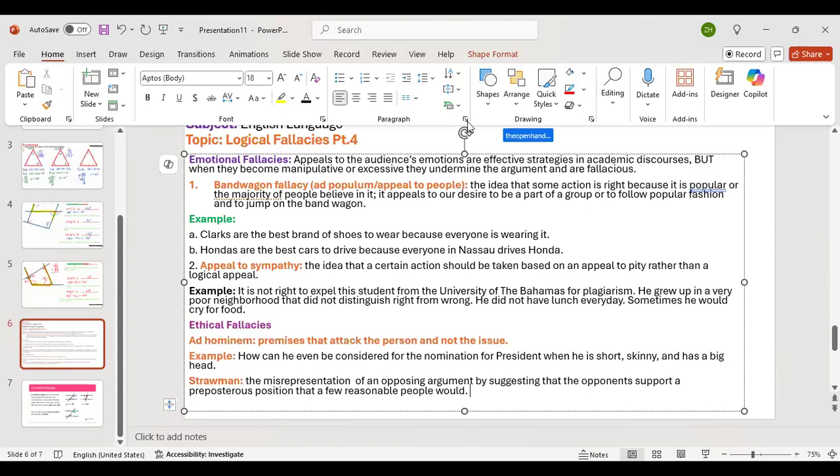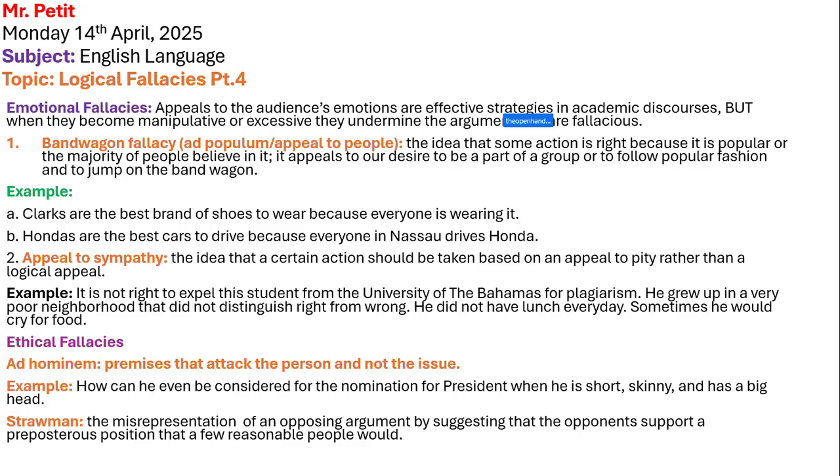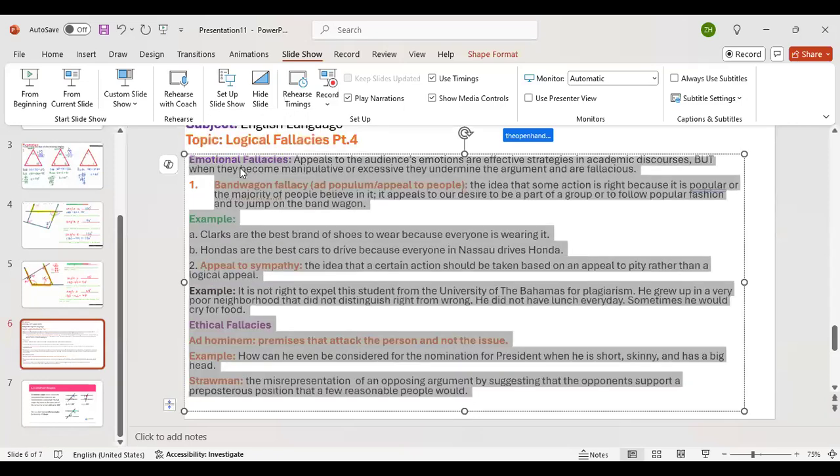So this is a straw man attack. A straw man attack is when I say something basically false about you to deflect from the argument.